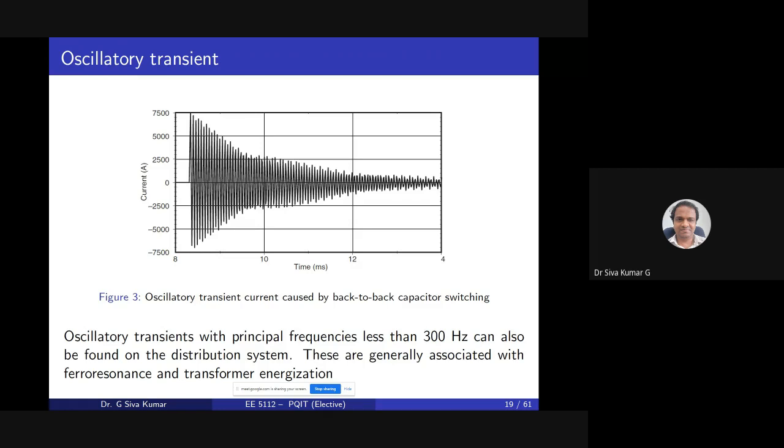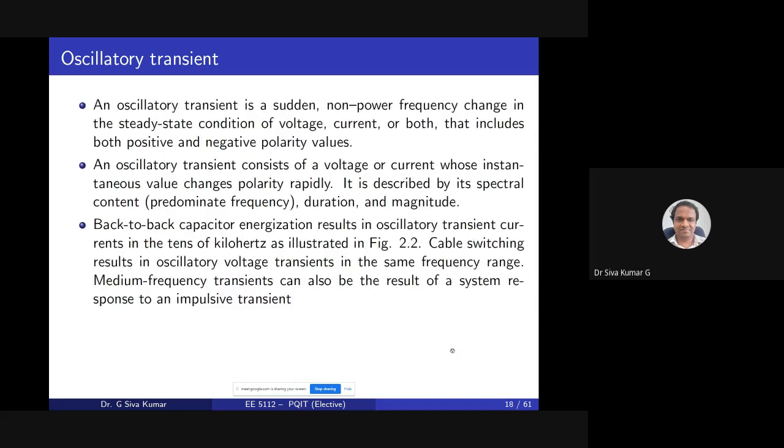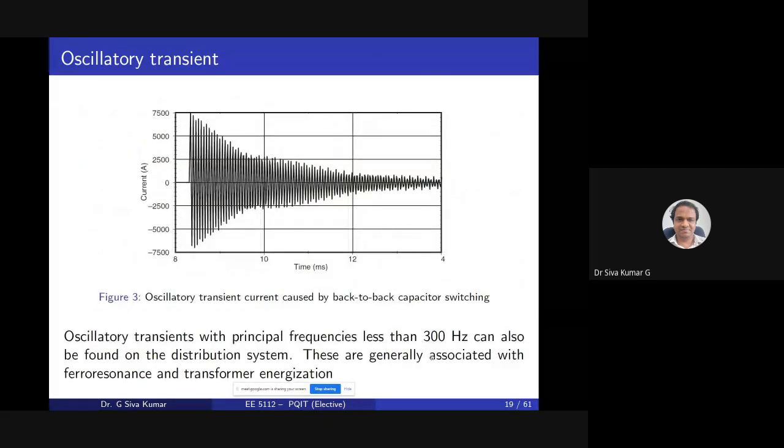Oscillatory transients with principal frequencies less than 300 Hz can also be found on the distribution system. It's not that the occurrence is only on the order of kilohertz; we can have oscillatory transients at 300 Hz also in the distribution system.